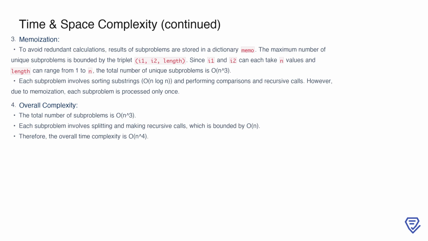Each subproblem involves sorting substrings, which takes n log n, and performing recursive calls. However, thanks to memoization, each subproblem is only processed once, avoiding unnecessary recomputations. When we combine the total number of subproblems, n cubed, and the work done per subproblem, n, the overall time complexity of the solution becomes n to the power of 4.